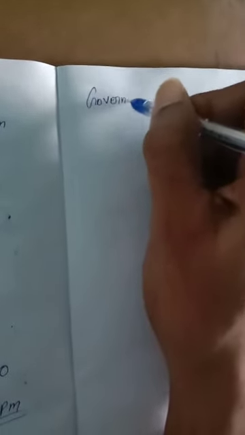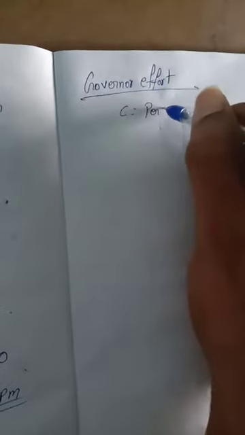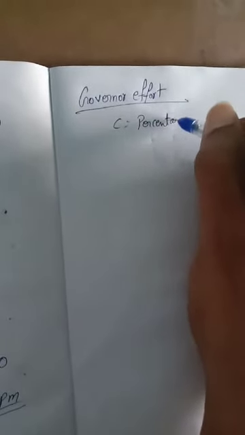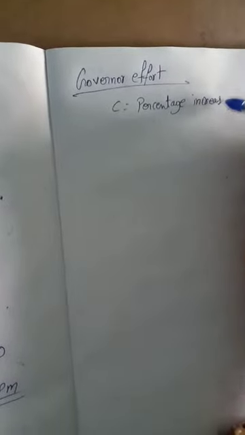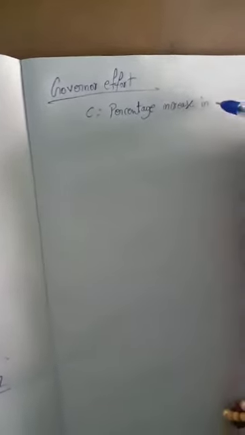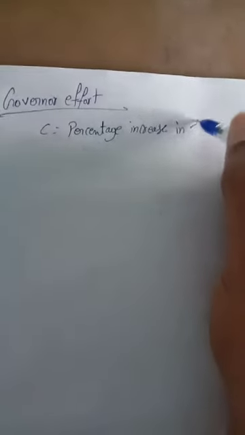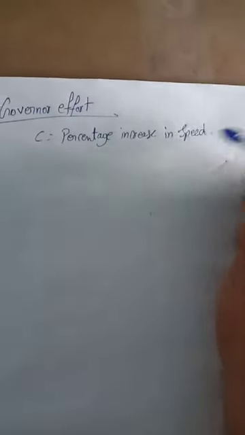Okay, so now the governor effect. Let c be the percentage increase in speed.